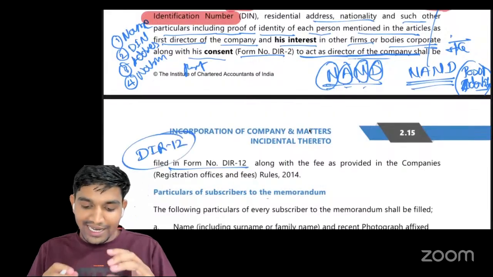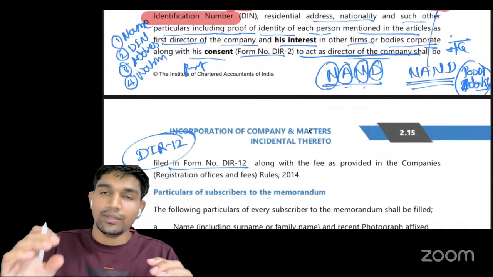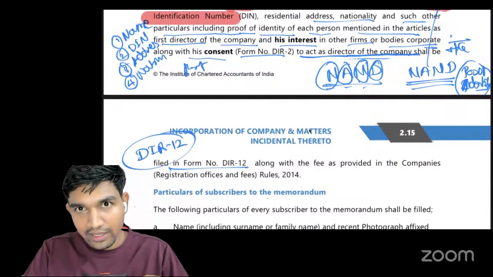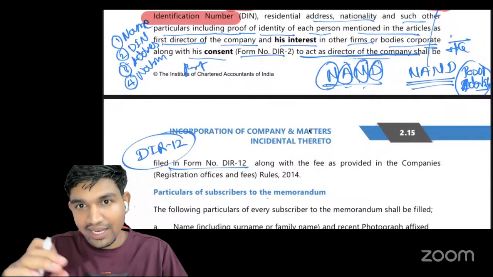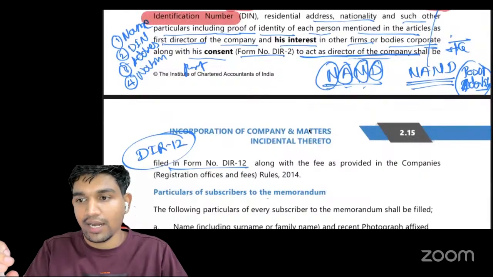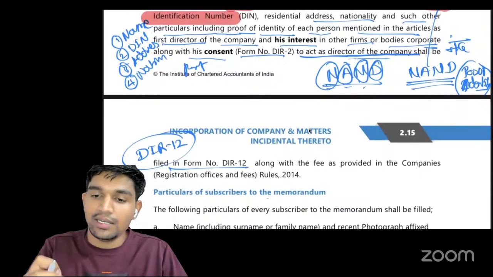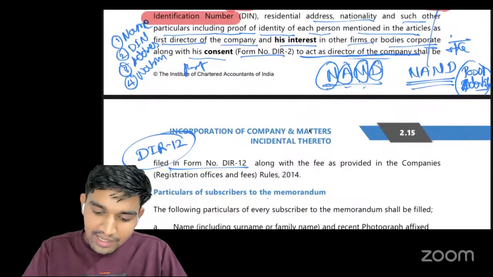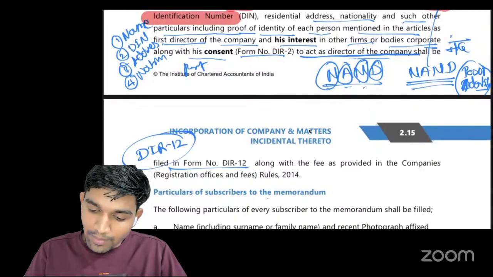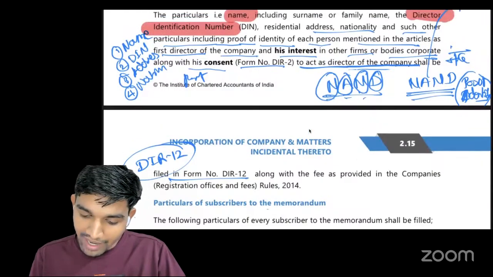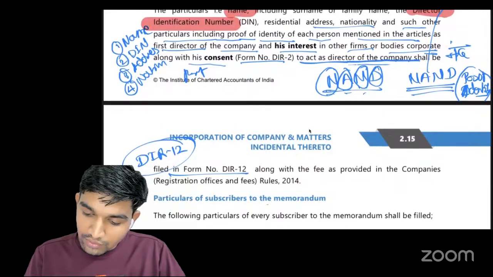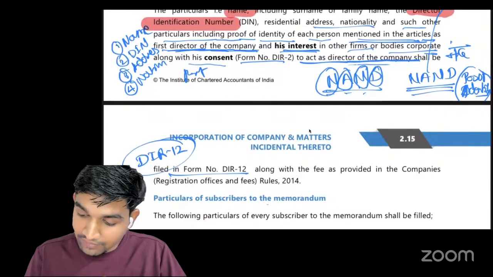DIR12. So in the DIR12 form, you have to give his name, including surname, then DIN, that is director identification number. Then he has to give address, nationality, and proof of identity. Then he has to give details of the company, the articles of the person, and his interest in other firms.